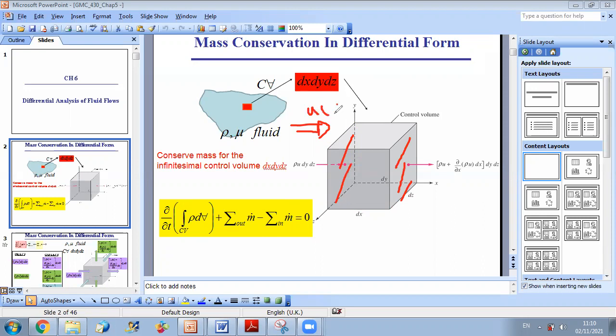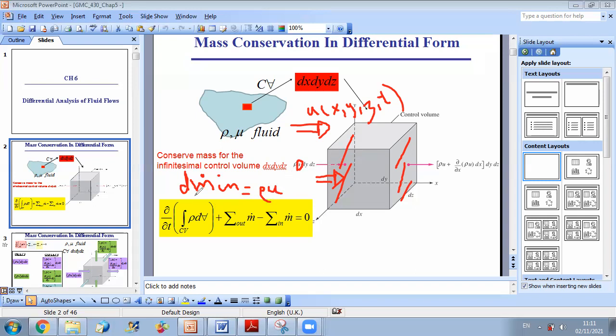So if we consider a flow field with a certain velocity profile u that can be a function of x, y, z, and time, then how do we define the mass flow rate coming in through this face? Since it's an elementary face, I can say dm dot in, a very small mass flow rate, equals rho times the velocity crossing the surface, which is u, times the area.